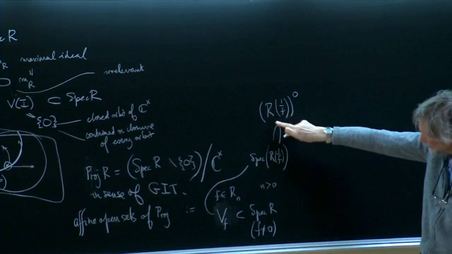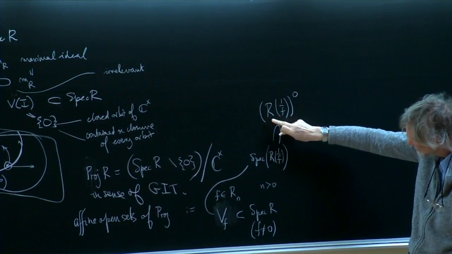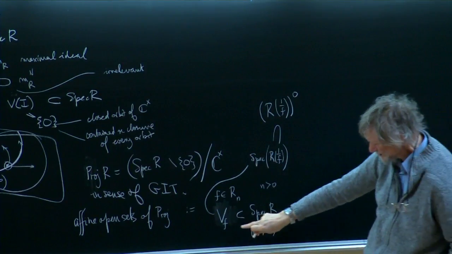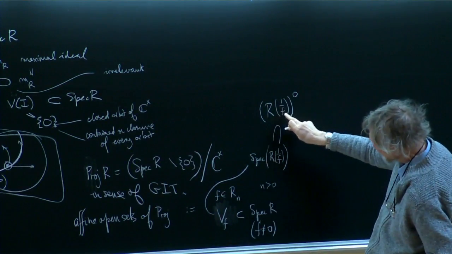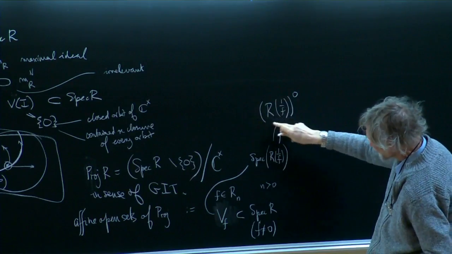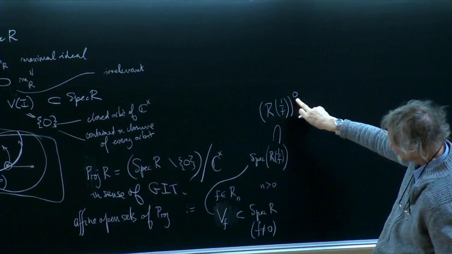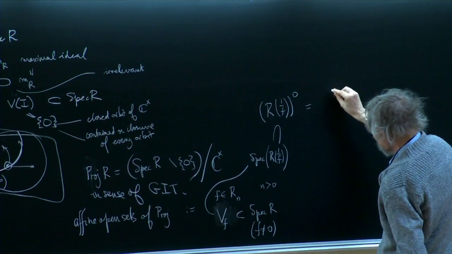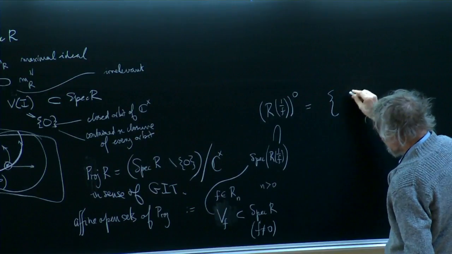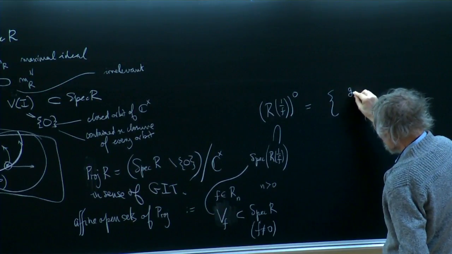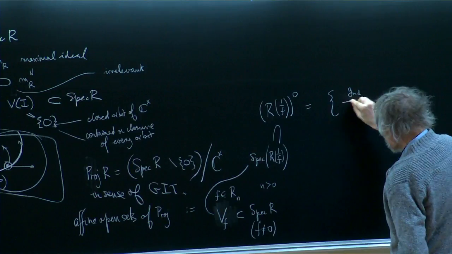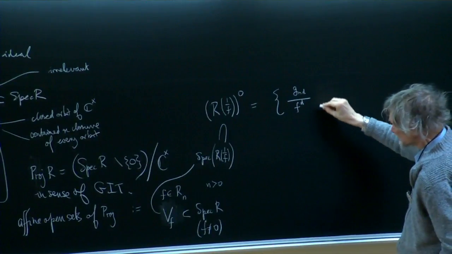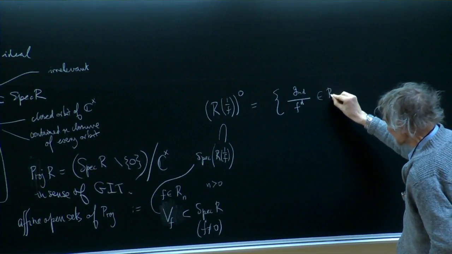The ring R was a graded ring, and f is homogeneous of some given degree, so I take all of the polynomials here that are homogeneous of degree 0. This is the set of all g of degree nd divided by f to the power of d, in R[1/f].